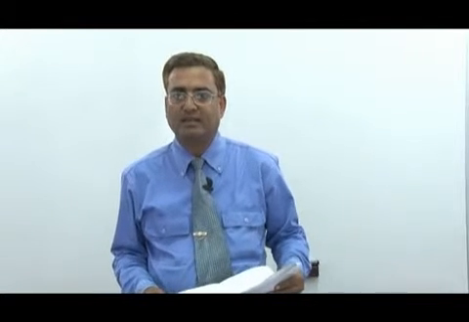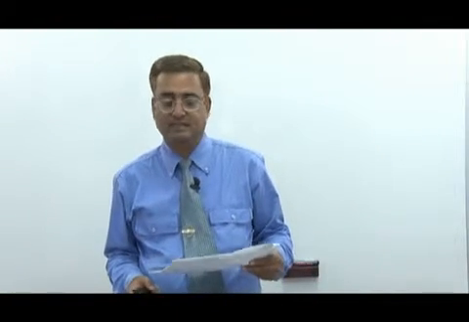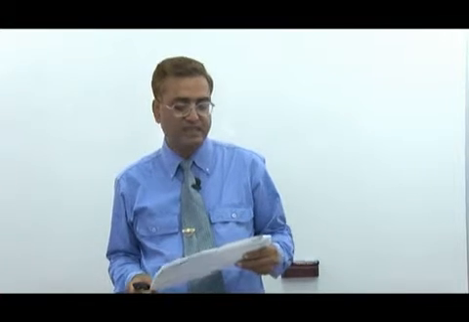The dummy index is the repeated one, whereas the non-repeated index is called the free index. Thus, in aij bj, i is the free index and j is taken as the dummy index.